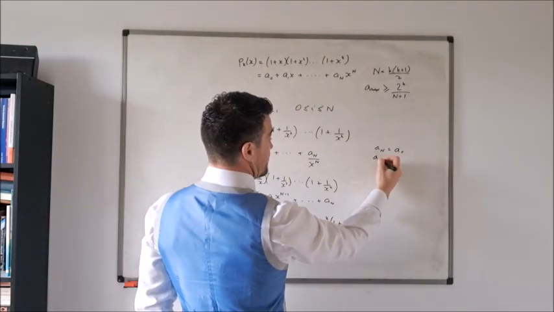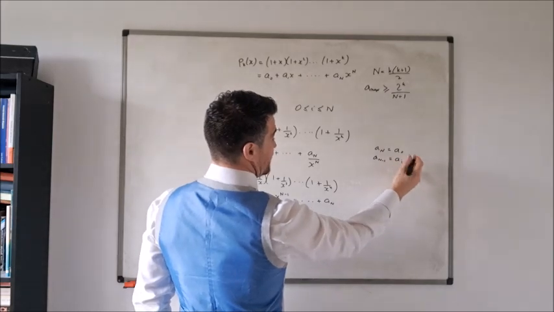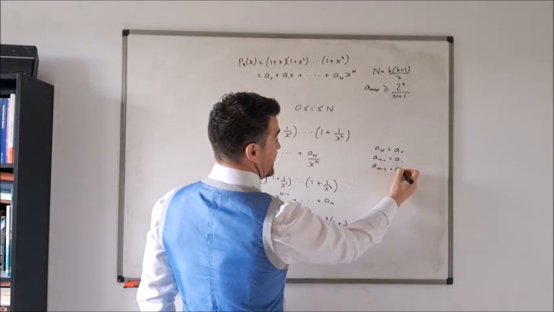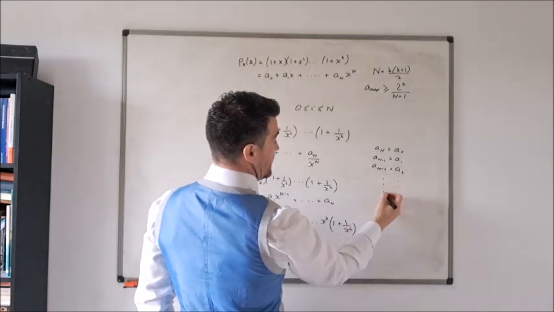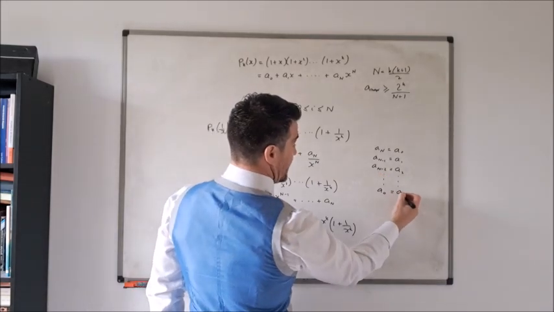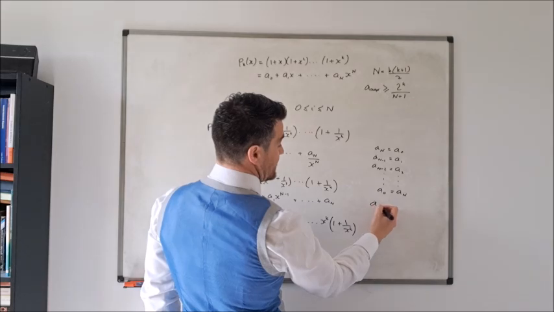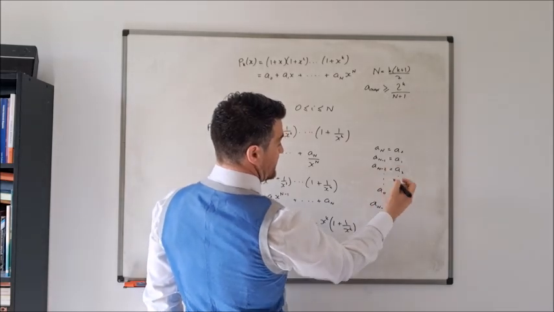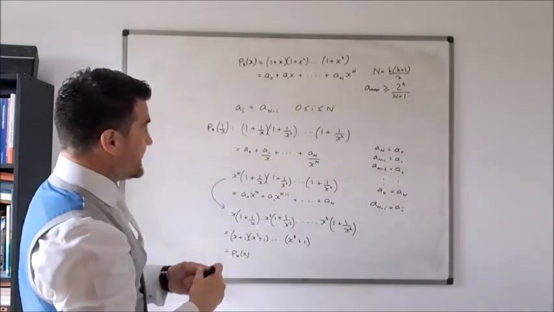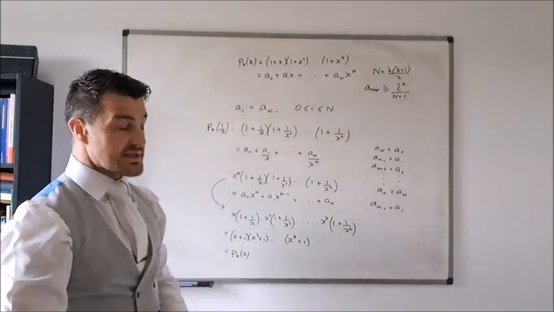In other words, a n minus 1 is equal to a1. Similarly, a n minus 2 is going to be equal to a2, and all the way down to a naught is going to be equal to a n. So what we see is that a n minus i is equal to a i for all integers i between and including 0 and n.